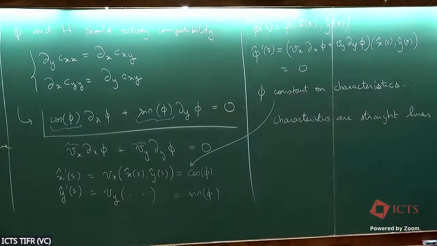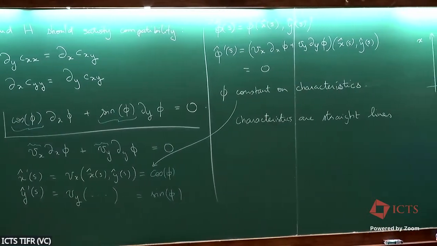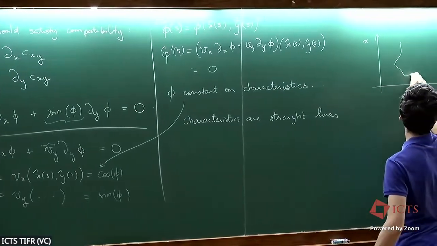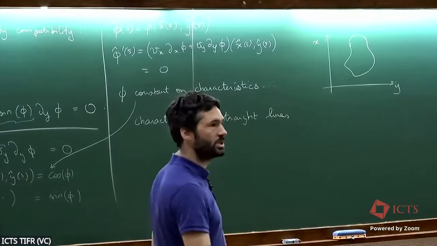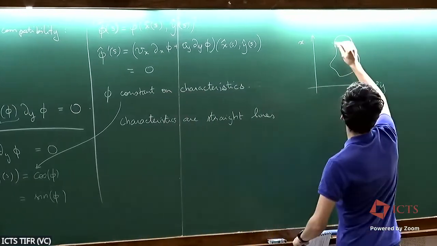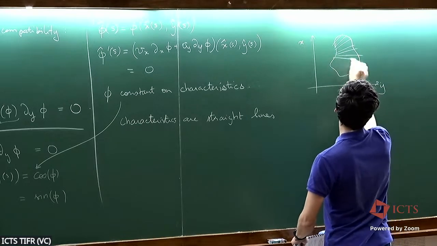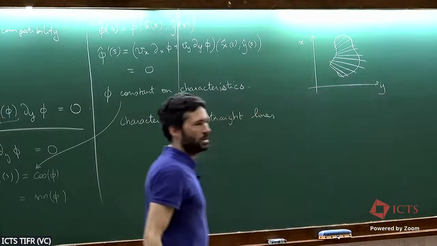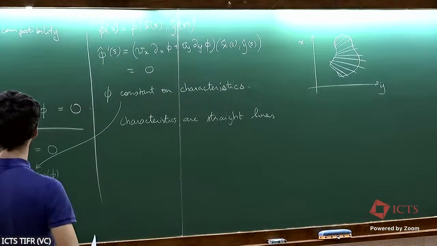Basically, if you have your xy coordinates here, imagine that this is the domain where your sheet is defined, and the characteristics are like this. So phi is constant along these characteristics.